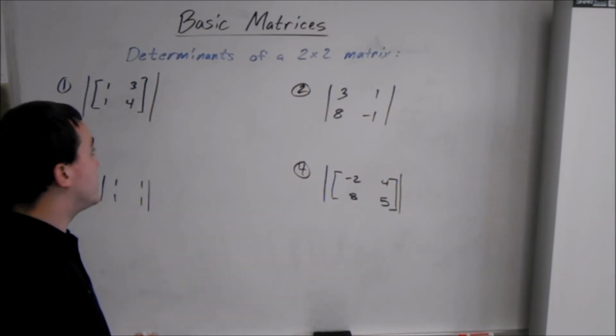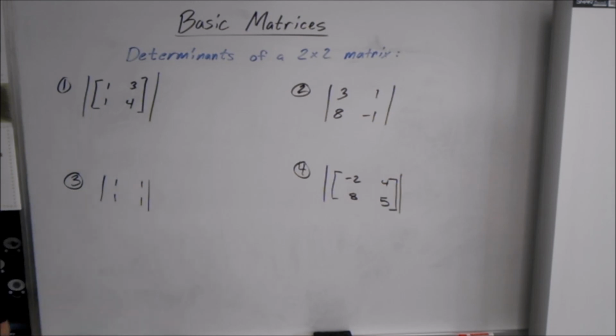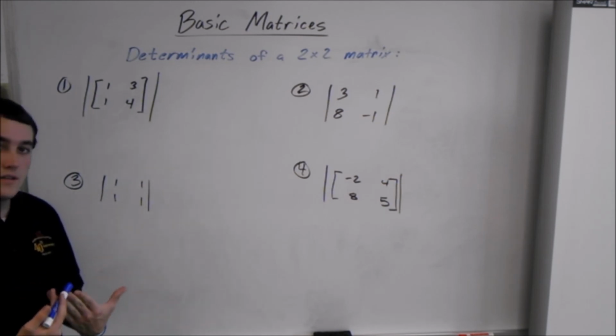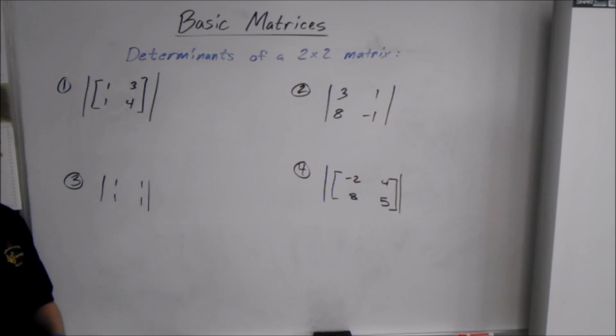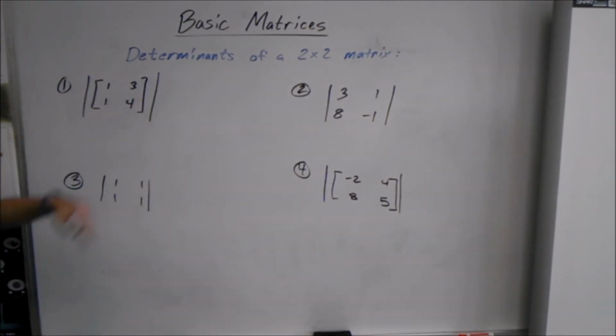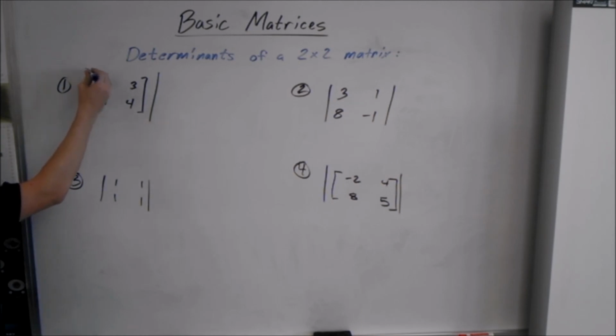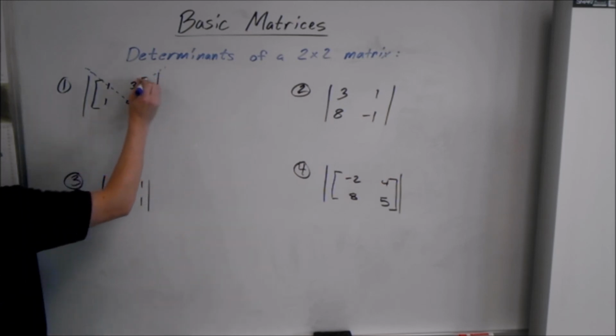Alright, next we're going to be talking about the determinants of a 2x2 matrix. Once again, this is just another way that helps us solve them using different methods. The determinant of a 2x2 matrix is just the first diagonal, multiply those, minus the second diagonal, and you multiply those.